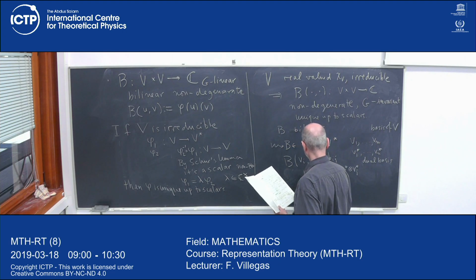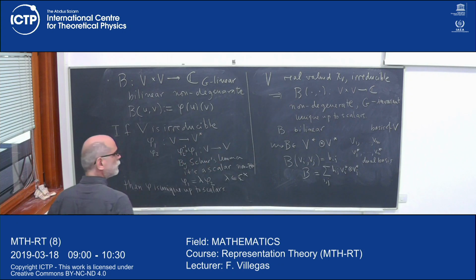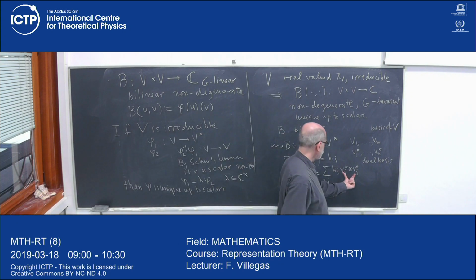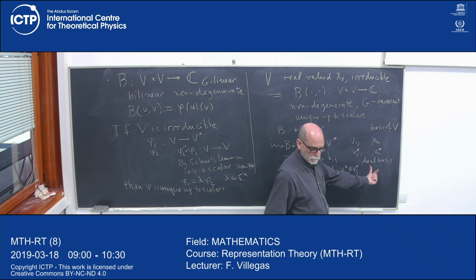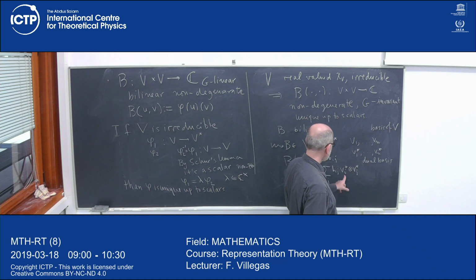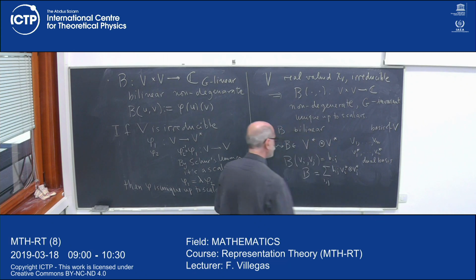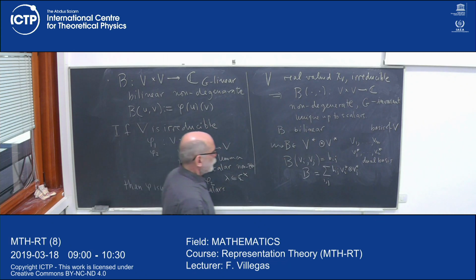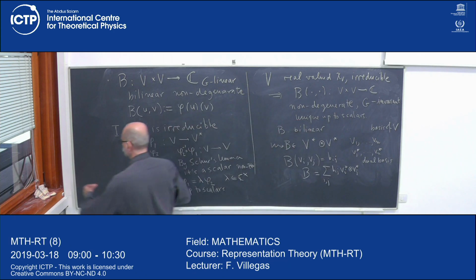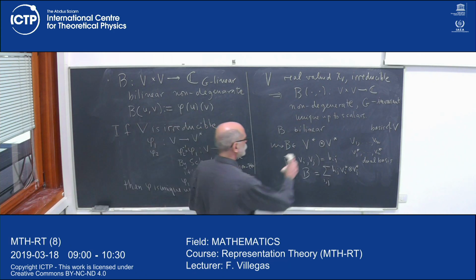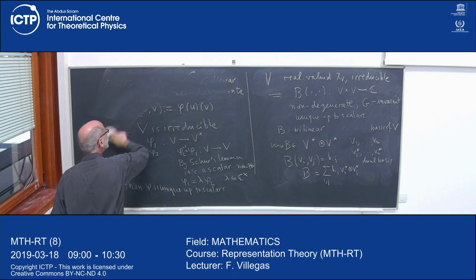Let me put it this way: this pair Vi dual tensor Vj dual, out of a pair of vectors, picks out the ith coordinate of the first vector and the jth coordinate of the second vector. And then, because it's bilinear, if you know the value on those coordinates, you know the whole bilinear form. So, to give a bilinear form is the same as just giving a vector in this tensor product.